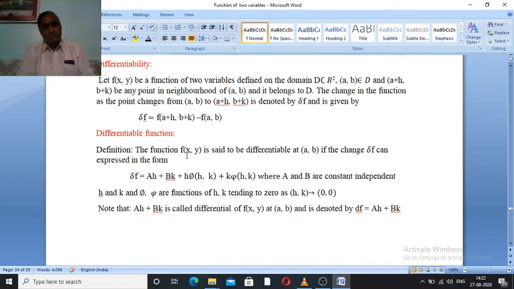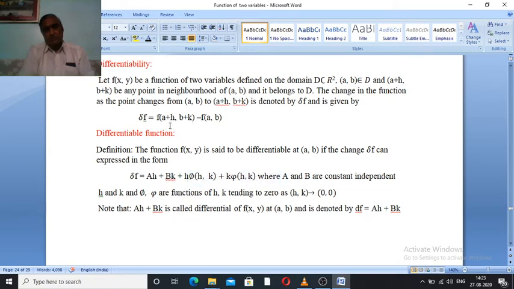The function f(x,y) is said to be differentiable at (a,b) if the change delta f can be expressed in the form delta f is equal to Ah plus Bk plus h phi(h,k) plus k psi(h,k).